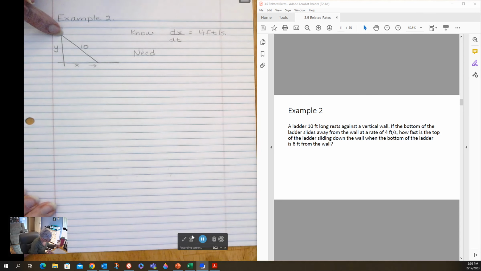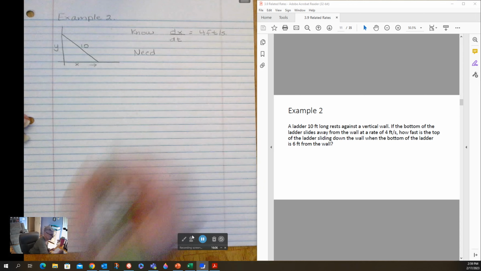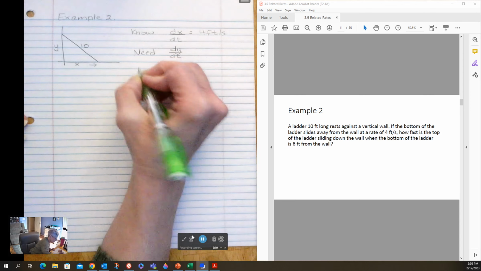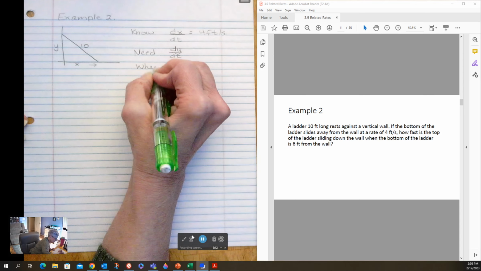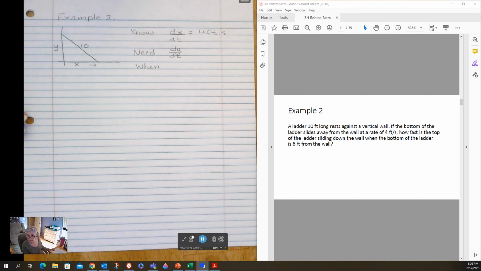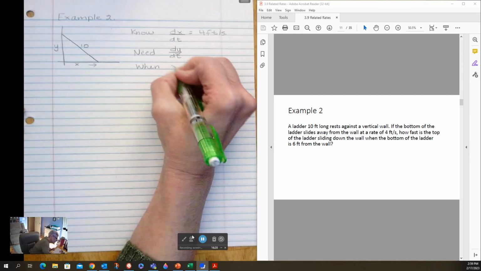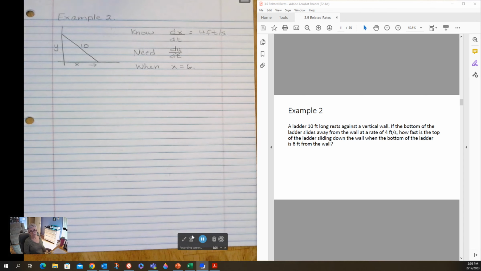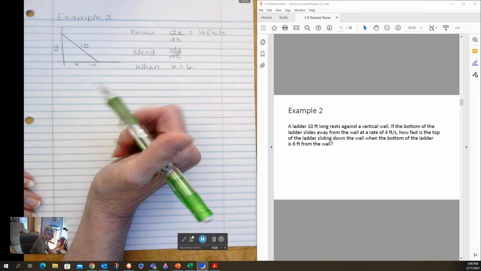Oh, well, here's the top of the ladder, so it's asking for dy/dt. When the bottom of the ladder, that's x, is 6 feet from the wall. Setup complete. We're ready to complete the problem.